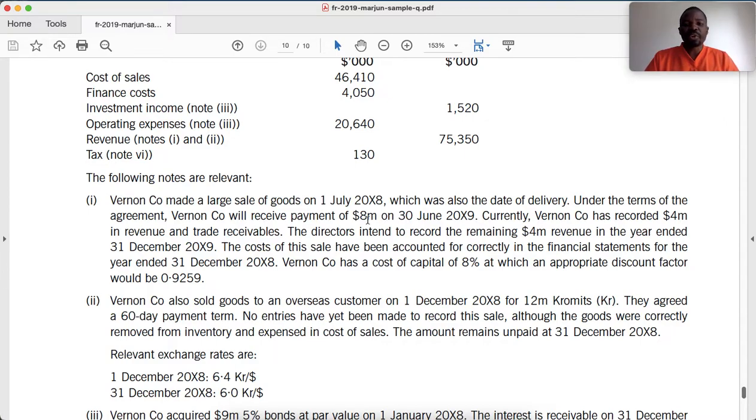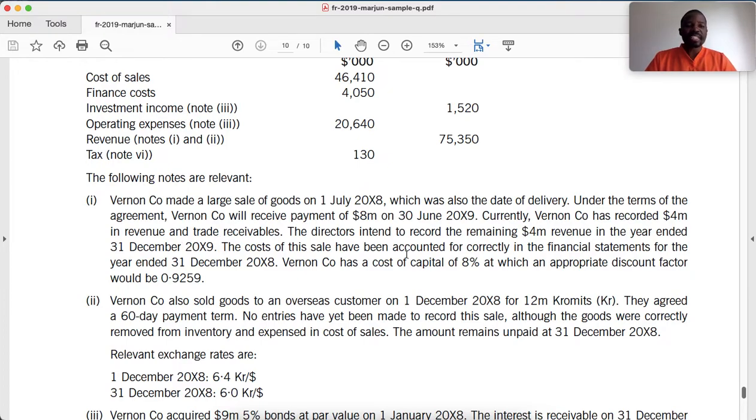So Vernon Co will receive the payment of 8 million 1 year after the date of sale, which is the date of delivery. So this again is an investment because now Vernon Co has to finance this sale for a year. Currently, Vernon Co has recorded 4 million in revenue and trade receivables.